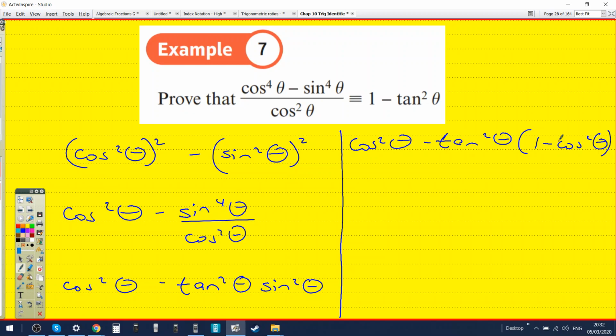Okay, so let's try expanding that. Hang on, before I take you on a wild goose chase. Minus tan squared theta plus tan squared theta cos squared theta.